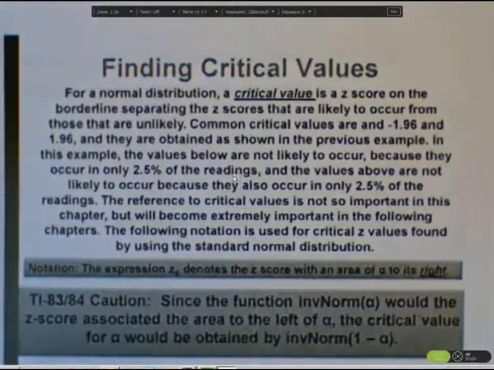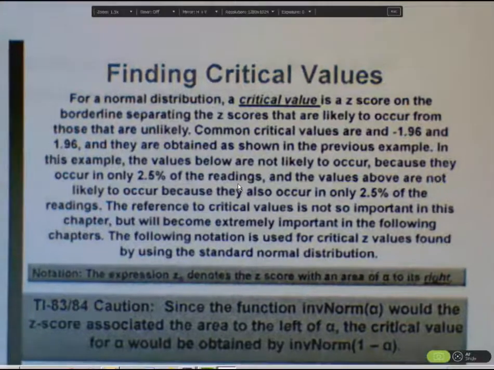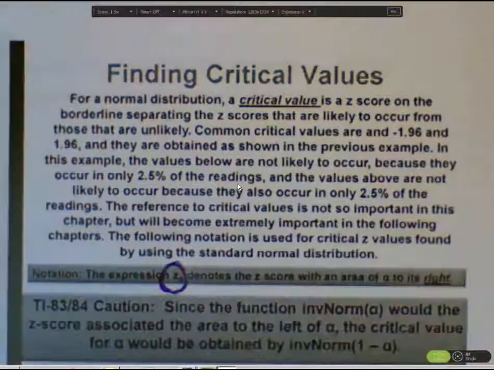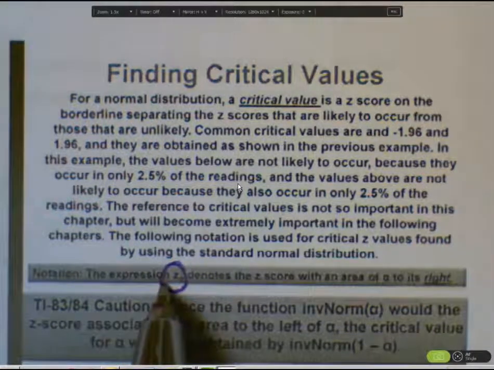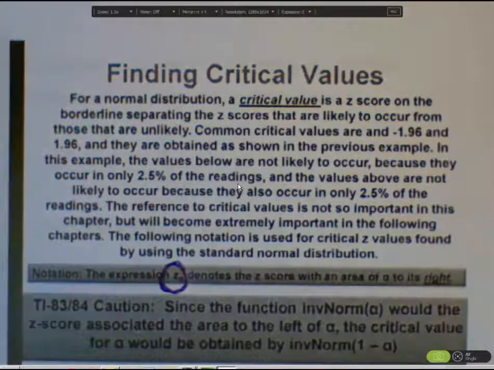The reference to critical values is not as important in this chapter as it will be in Chapter 8, but we're just learning the notation and how to find it. So this expression, Z sub alpha is a critical value.